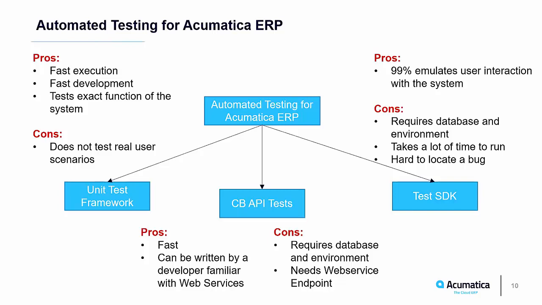And of course, it again requires a database and environment. But as I said, if you implement these tests properly, they may still be useful for both testing the system as a whole piece and testing during development. So let's take a closer look at these contract-based API tests before we go to the review of the unit tests framework.